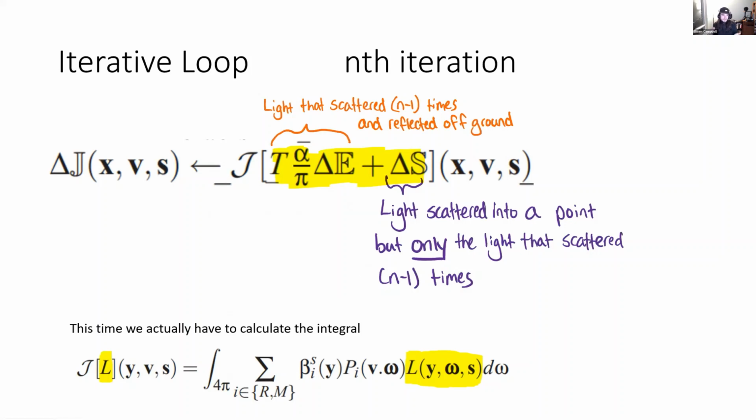Next time they'll be just the single scattered light, and so on. But this time, when we're calculating the in-scattered light at a point, we can't make any assumptions about where the light came from. We do have to integrate over the whole sphere, but we can use the previous iteration's information as a lighting equation, so we still know all of the terms. It's just a matter of calculating it.